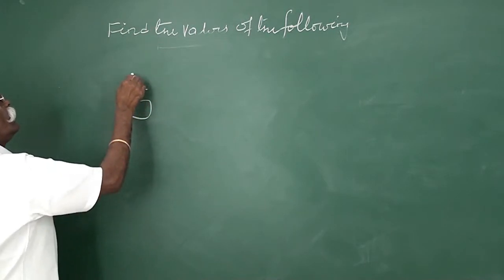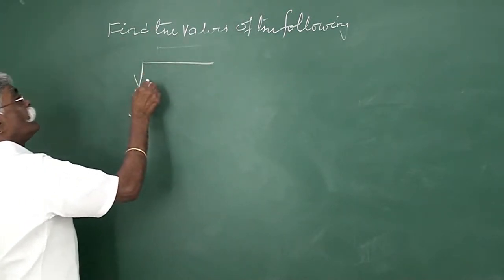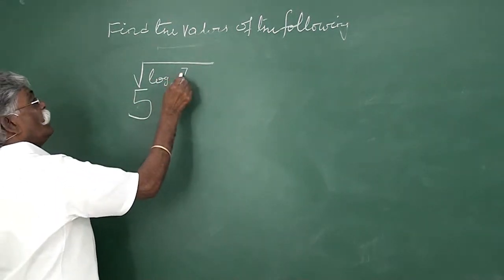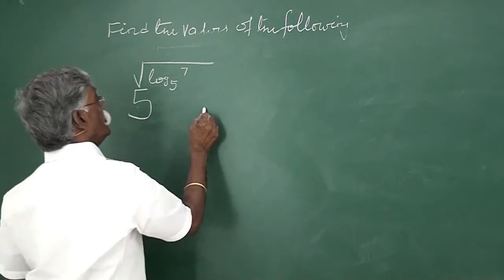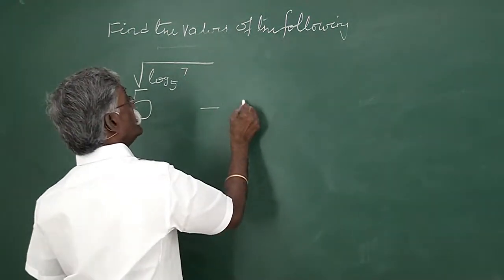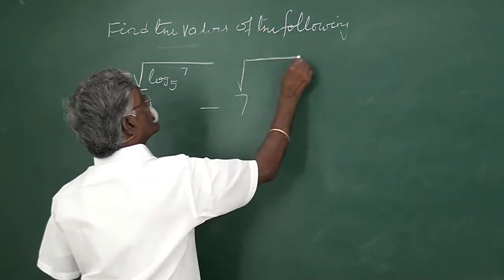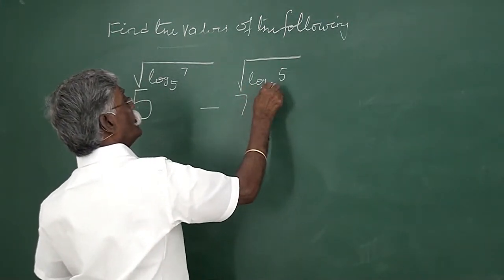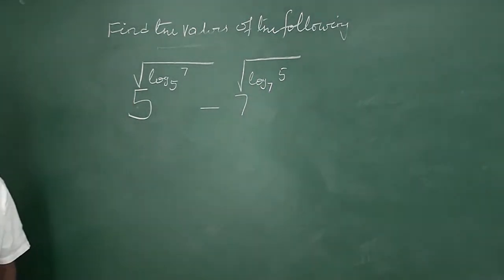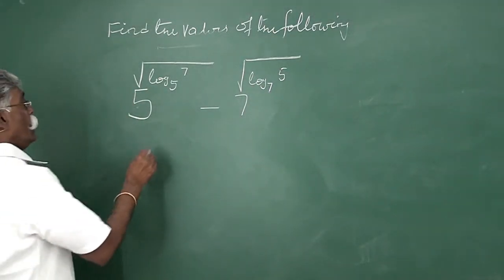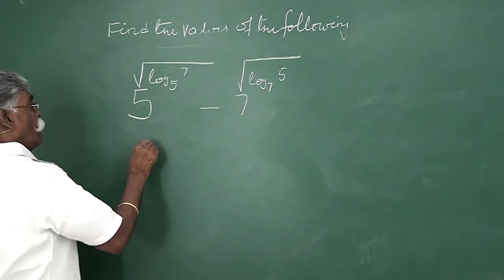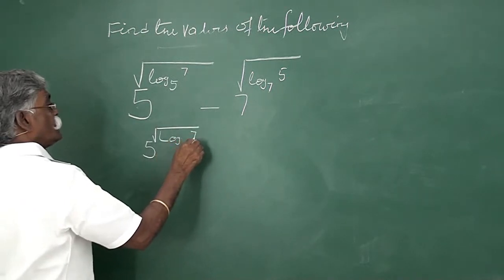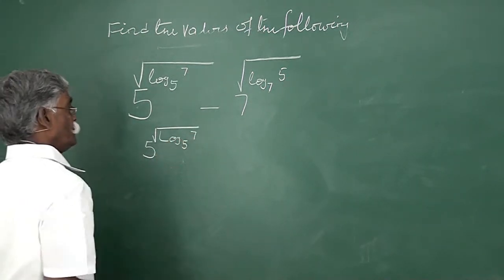5 power square root of log 7 to the base 5 minus 7 power square root of log 5 to the base 7. We have to find the value of this. Now 5 power square root of log 7 base 5.